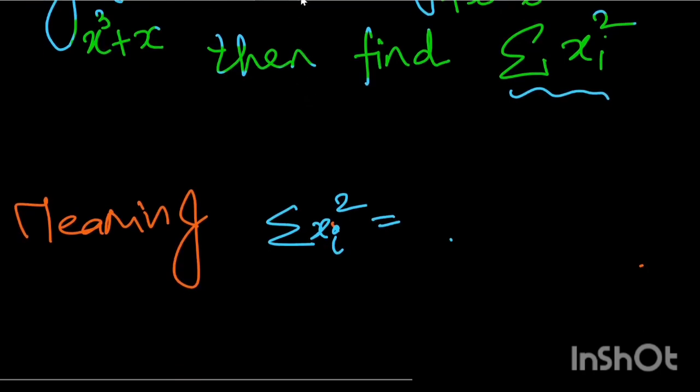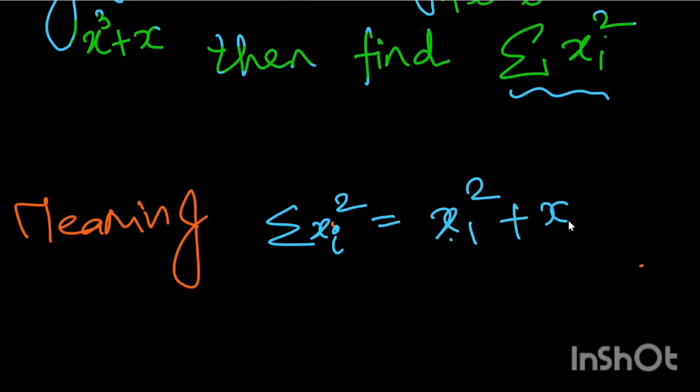So it means x1 square, x2 square, x3 square, x4, whatever are the number of roots that we can find out, we have to find the sum of squares of those values. Okay, so this is the meaning of this.